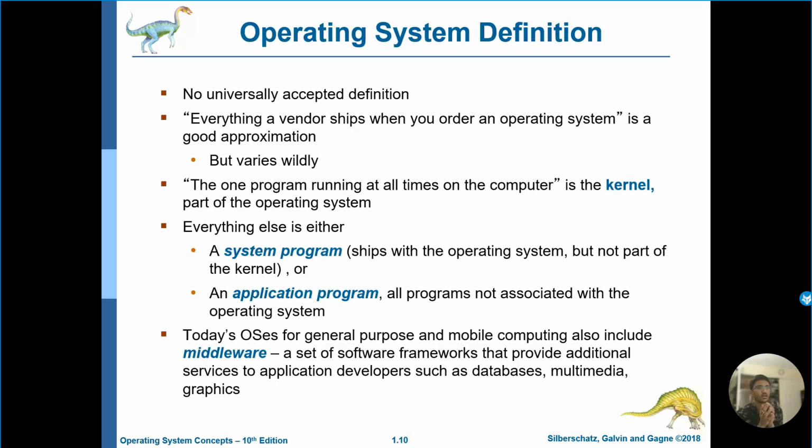Everything of the programs that exist could either be a system program or an application program. Now again, an application program is those programs that are not associated with the OS. So for example, these presentation slides, Google Chrome, right?